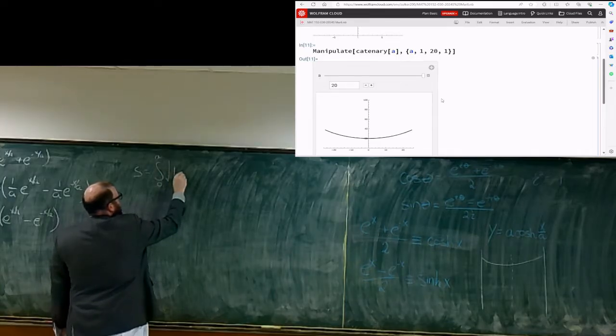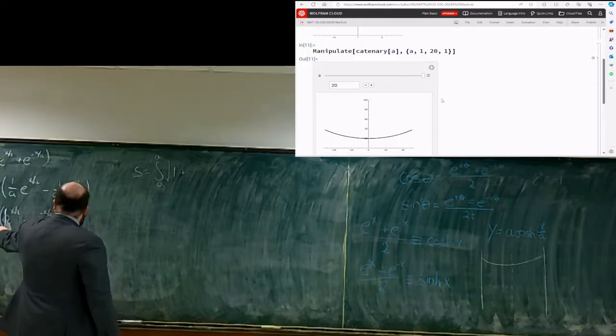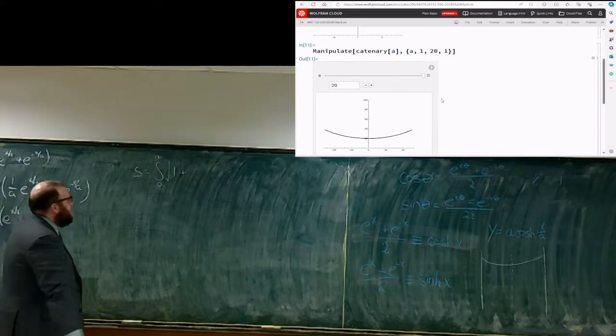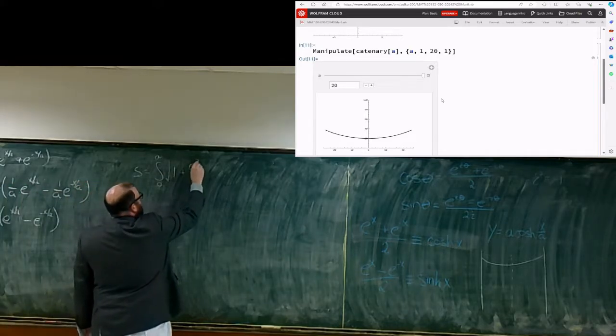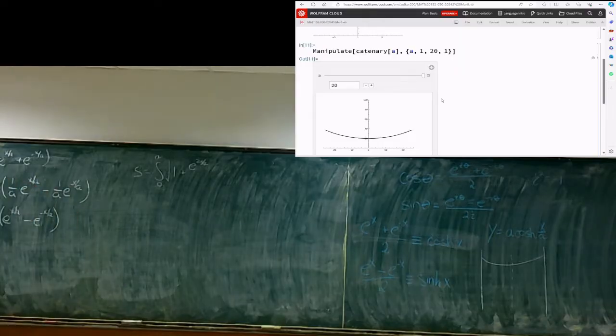Square root of 1 plus this squared. So e to the x over a squared is e to the 2x over a, right? Take the product.